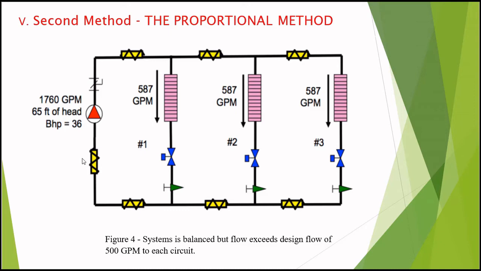Still the pump is running on 1760 while the valve setup is 1500. So to bring the pump also to 1500, we can trim the pump impeller or adjust a variable speed pump drive to slow the pump down and remove the extra head in the pump.